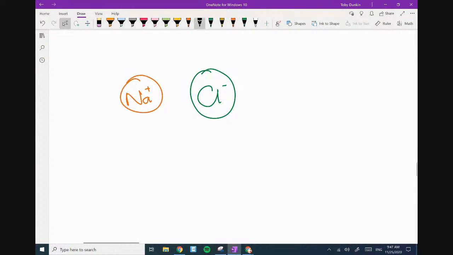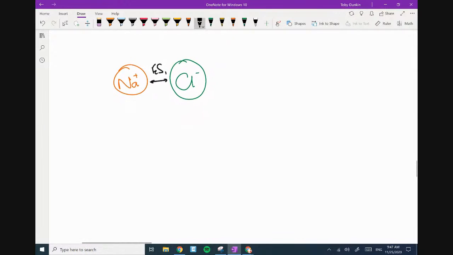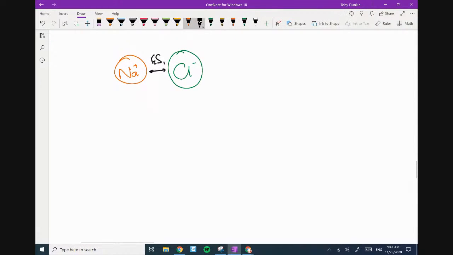We know that this here is going to be the electrostatic attraction. Let's call that ES1, electrostat 1. Now let's do this one. Let's keep sodium the same, Na plus.